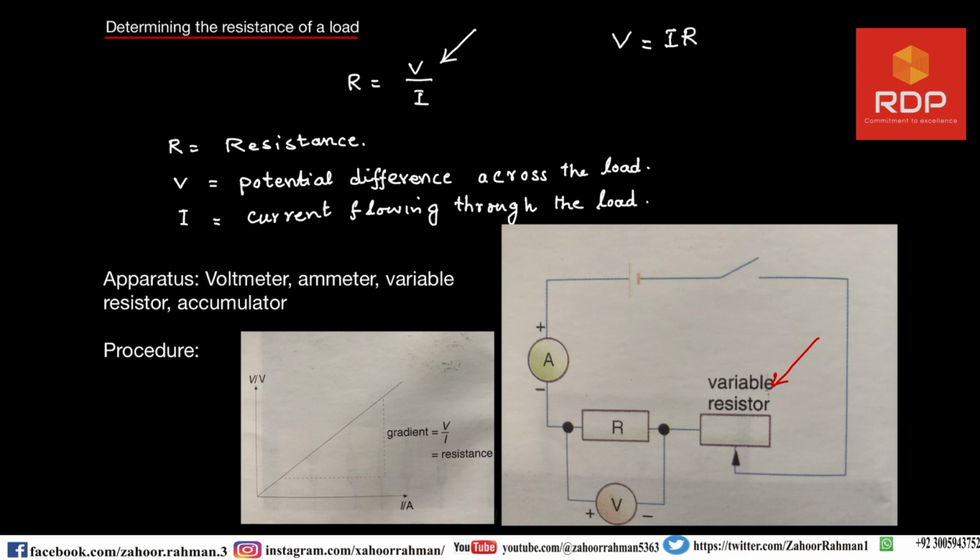Now in the second part you have to adjust the variable resistor to allow a larger current to flow in the circuit. Now, how can you do that? You can do that by providing a small resistance.